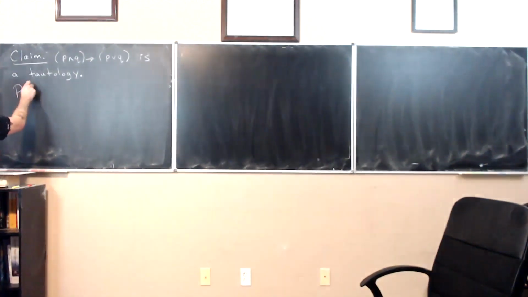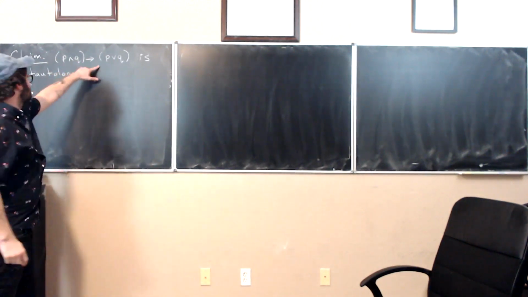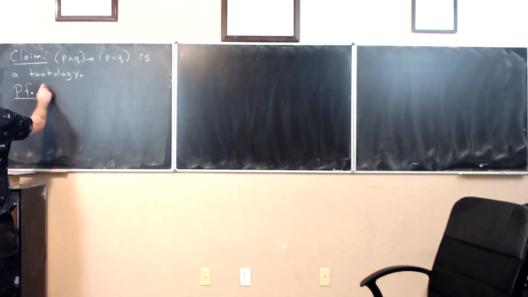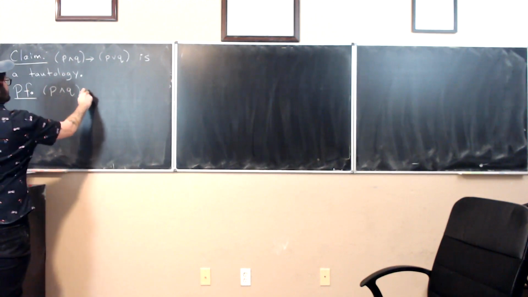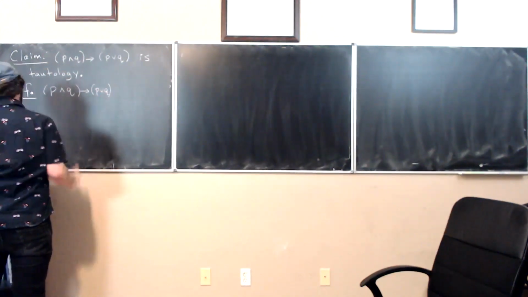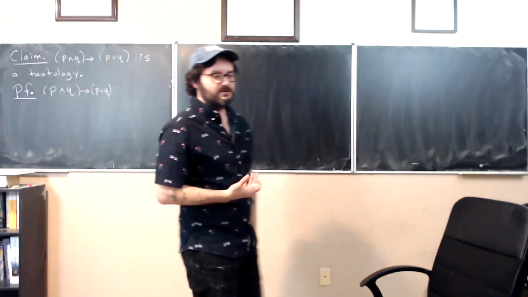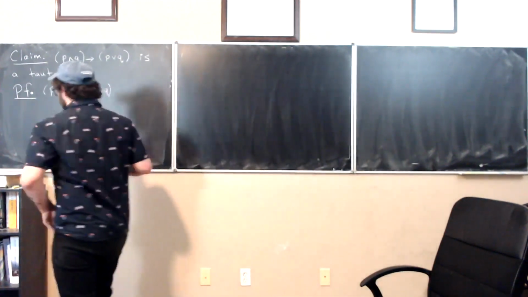All right, so proof. This is the compound proposition at hand, so let's start by writing that out. P and Q implies P or Q. Now immediately I see that I have a conditional statement, which means I can use that star law that I wrote down.